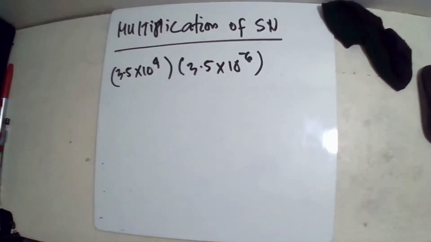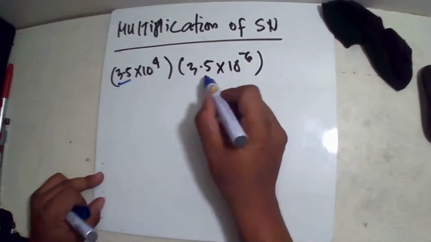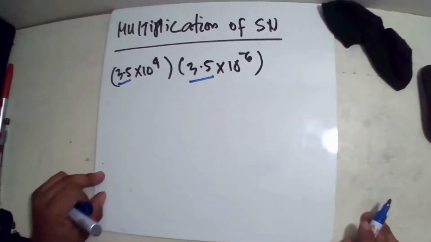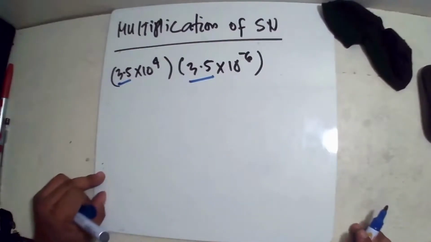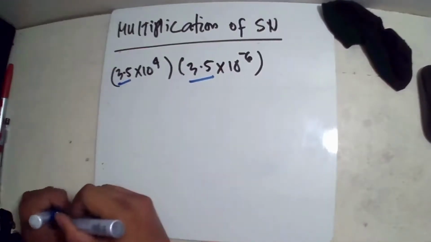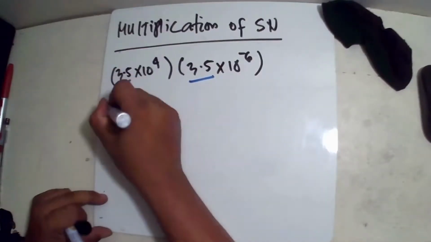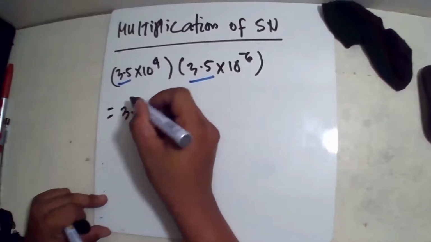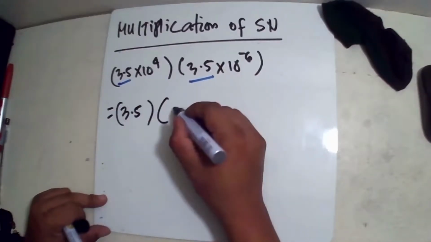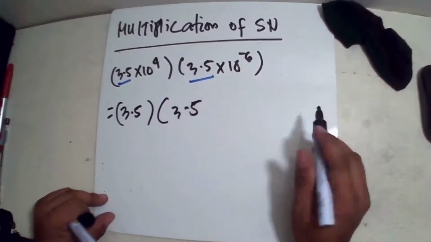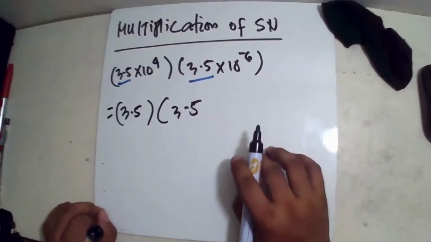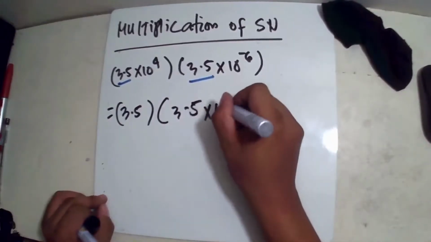All we need to do is get this one and this one, so this becomes 3.5 times 3.5 times 10.